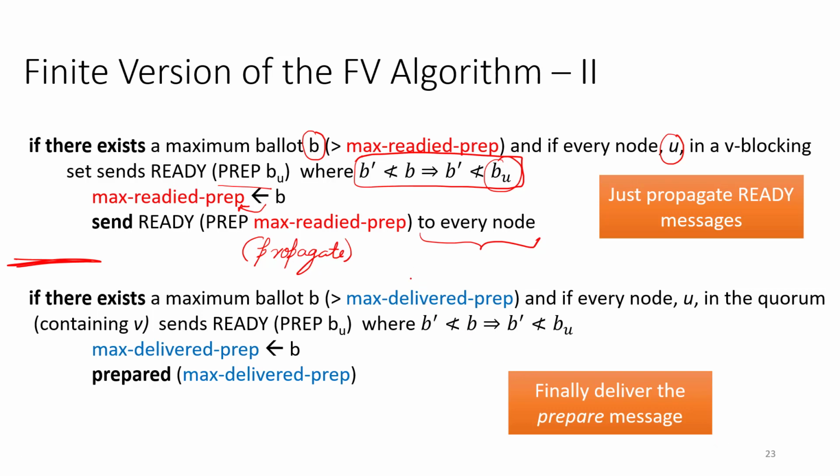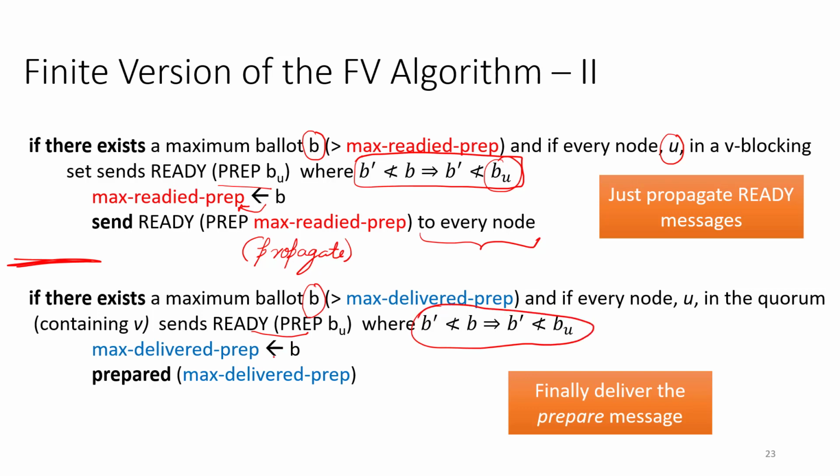So after propagating, we again look at delivery. So again, for delivery, we have the same format: there is a max ballot B greater than max delivered prep. So this is basically saying again you deliver once per round, right? And if every node U in the quorum sends ready prep BU, where again this condition holds, same ballot or a newer one, then we do the same.